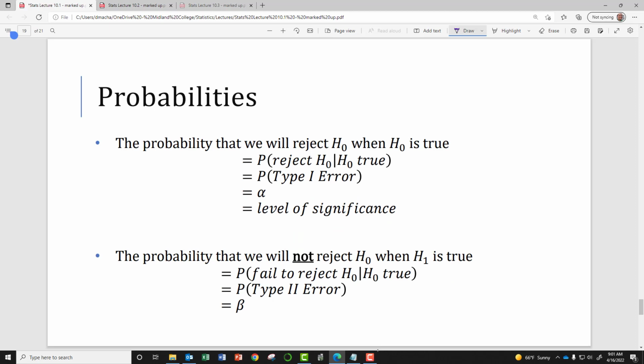And the last little bit that we're going to tie this all together with is that when we talk about the probability that we will reject the null hypothesis when the null hypothesis is true, we're talking about the probability of making a type 1 error.